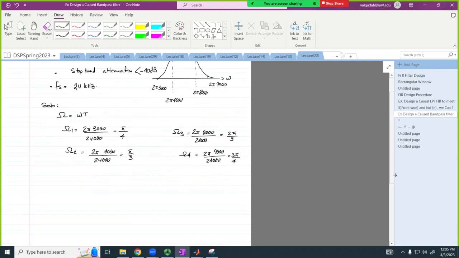So therefore, my frequencies look something like this. I have pi over 4, pi over 3, 2 over 3 pi, and 3 over 4 pi.